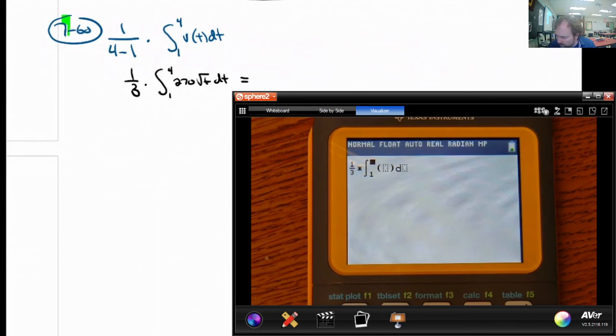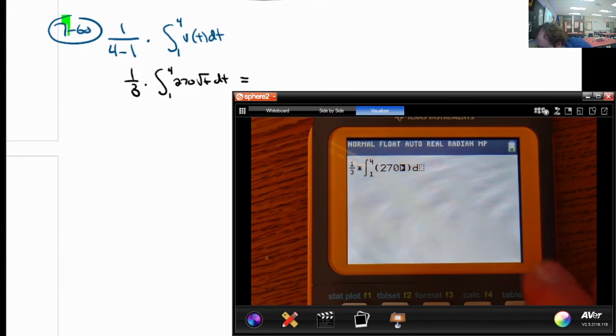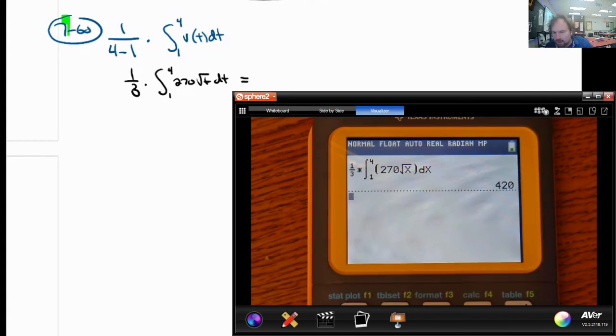We're going to do 1 to 4, and then carefully program in 270 times the square root of x, dx. Perfect. And that should give us 420.